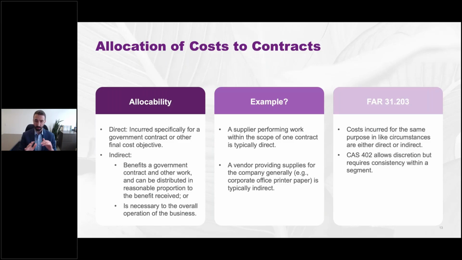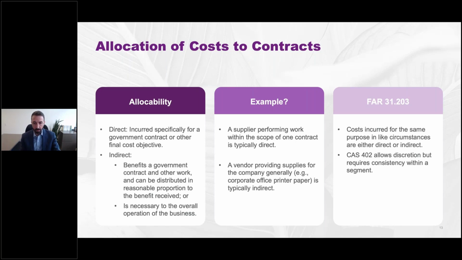There actually is some flexibility and discretion for a contractor to decide what it wants to treat as direct versus indirect. But you need to be consistent, and there's sort of the basic rules we have here. Again, we've got some examples, like if a supplier is doing work on just one contract within the scope of that contract, typically that's direct, whereas a vendor supplying supplies like office paper to be used throughout the whole office for lots of projects, typically indirect.